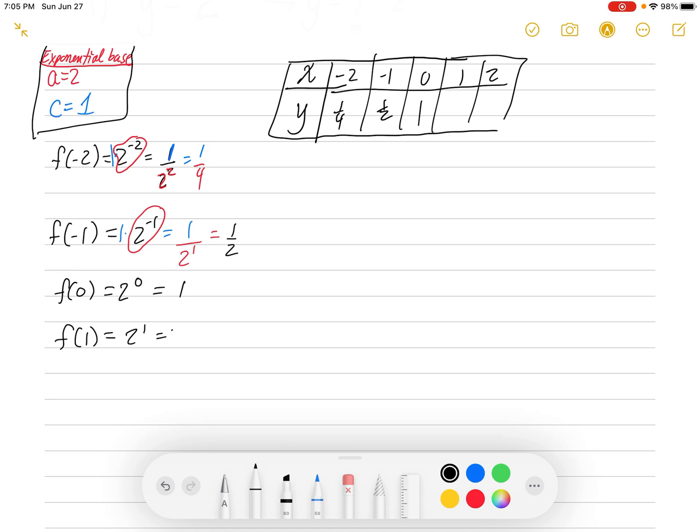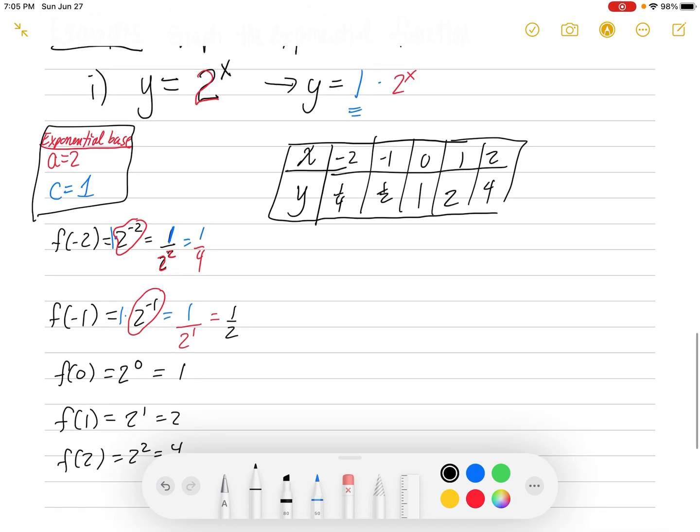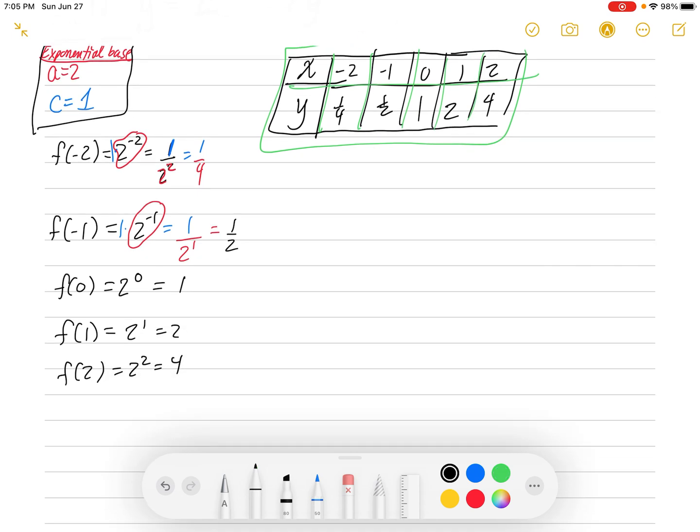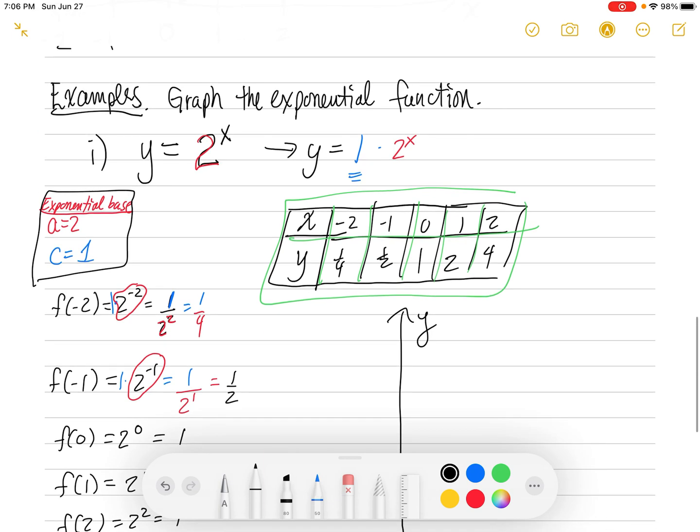I plug in 0 for x and get 2 to the 0 power. Anything to the 0 power is 1, so it's 1. f of 1 is 2 to the 1 power, that's 2. f of 2 is 2 to the 2 power, that's 4. So I have 2, 4 for my last point. So I'm graphing these out, getting a picture.